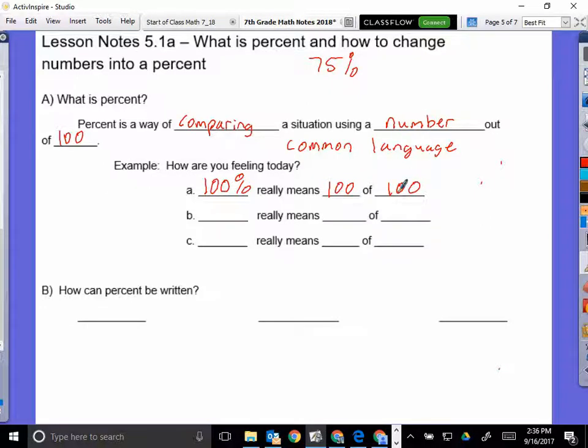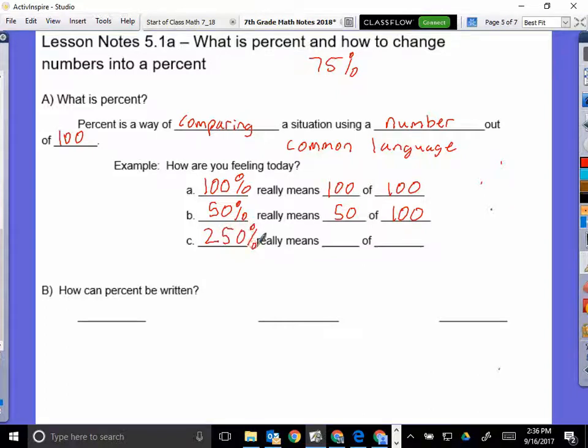All right, someone might be feeling like, I don't know, I'm feeling about 50% today. Okay, so that really means they're feeling 50 out of 100. Okay, so they're feeling kind of like half and half. Half okay, half not okay. All right. You can also go way beyond that. Someone might be feeling, man, I am feeling 250%.